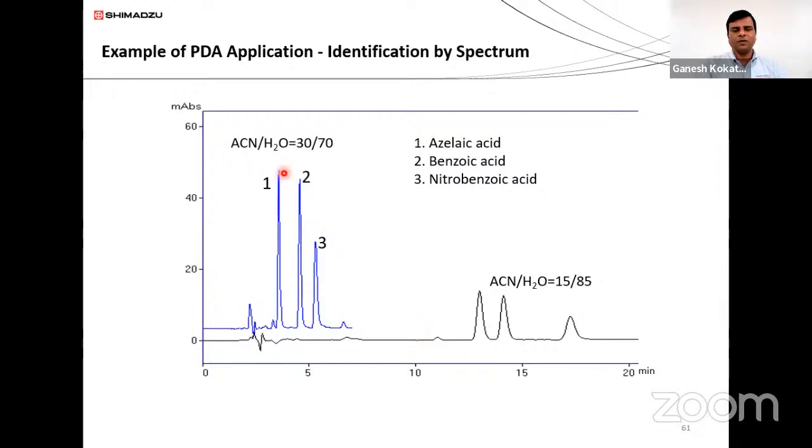But what are the different applications of PDA for identification? For example, these are some acids like azelaic acid, benzoic acid, and nitrobenzoic acid. Normally, if I use ACN and water at 30% ACN and 70% water, and I want to resolve these three components very well, what I did was decrease the concentration of organic and increase the aqueous, starting from 30% to 15% organic phase.